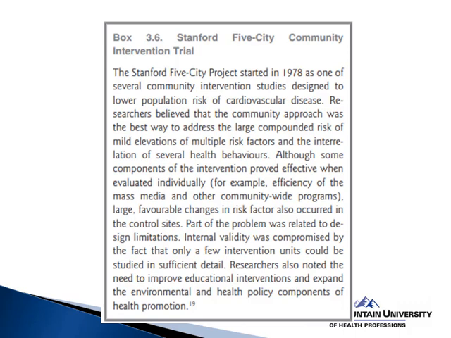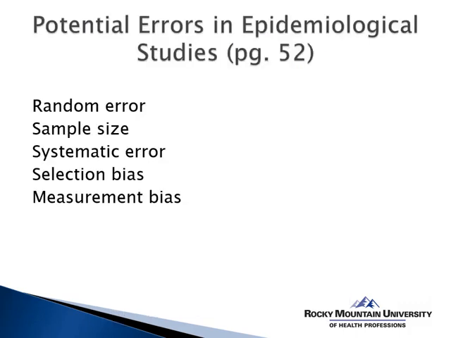I'm not going to read through this one, but I'm going to give you time to pause the recording to read through this to get a sense of a community trial. So go ahead and pause the recording now. All right, so I assume you've had a chance to read that. Let's continue on the last few slides.